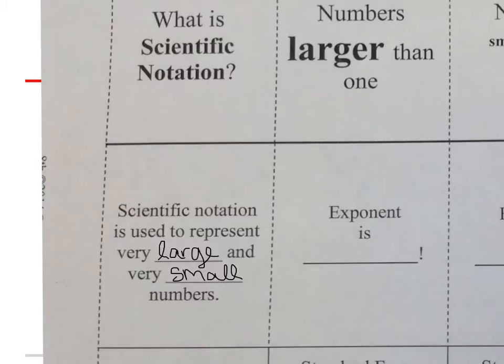That would be a huge, huge number. Scientific notation helps us write that number where it does not look so big, and we can write it in a more concise form. It could also help us write things like the size of an atom, which would be very, very tiny.